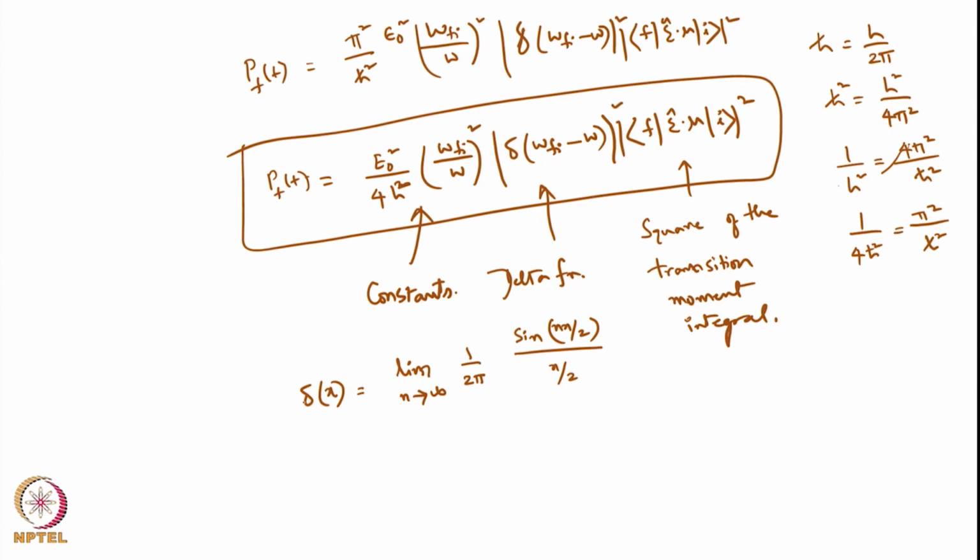Now one can also write delta omega fi minus omega as delta omega. If one writes that, then your delta of delta omega can be written as the limit n tends to infinity of 1 over 2 pi, sine of delta omega times n by 2 divided by delta omega by 2.